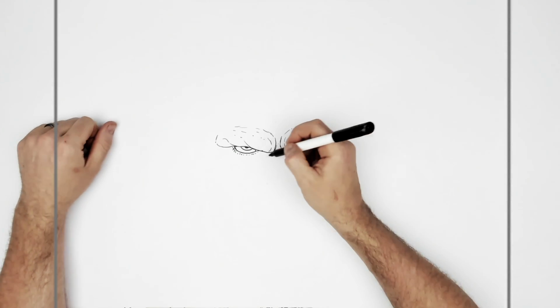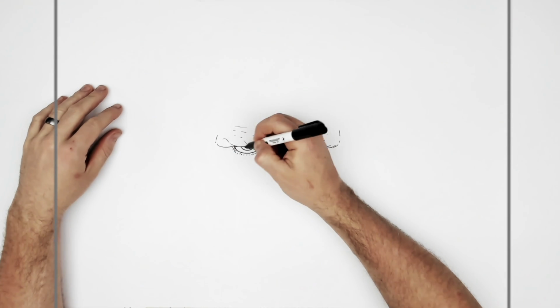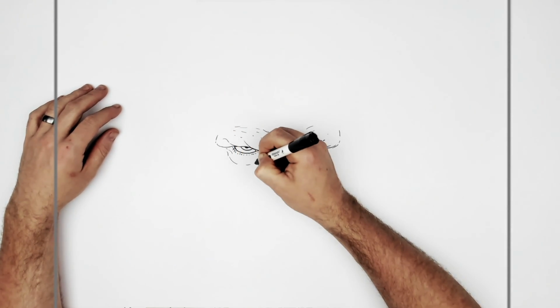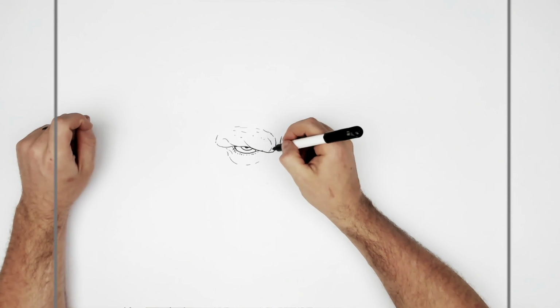And then, so he's got lots of wrinkles and bags and stuff around his eyes, right? So come right up by his nose and everything.